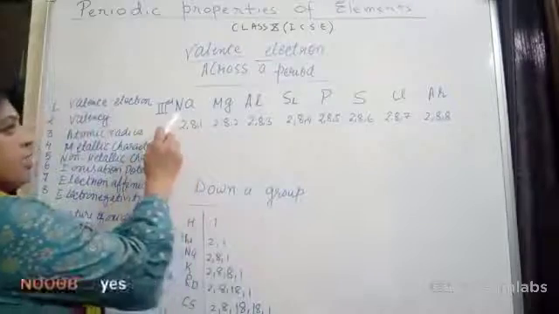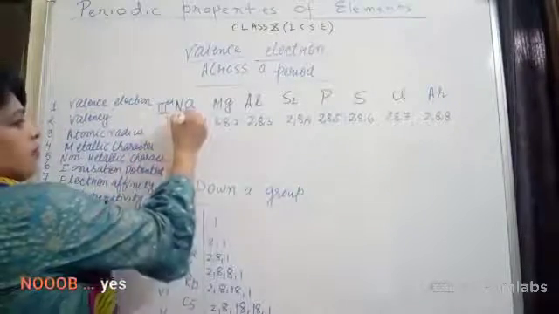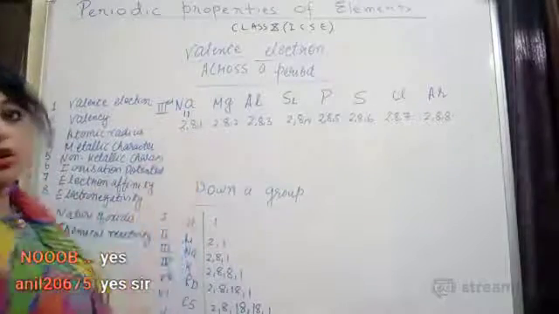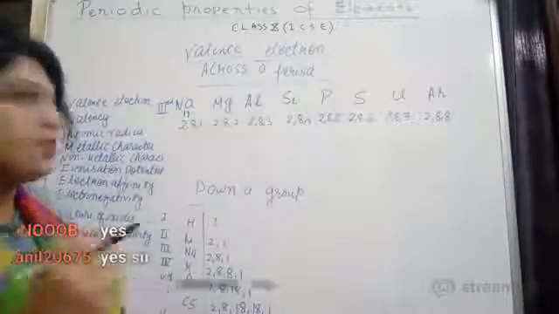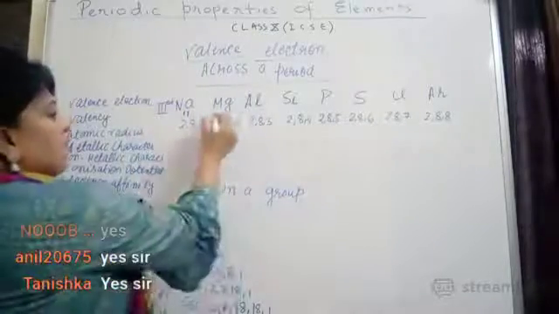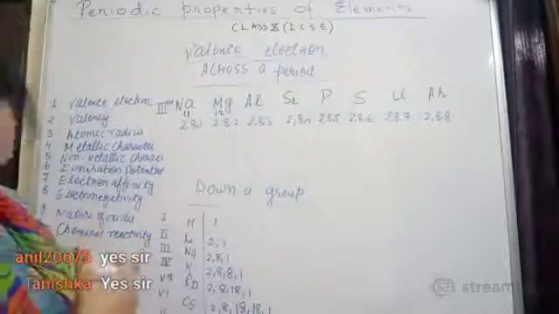You can see the atomic number of sodium is 11, so the electronic configuration will be 2,8,1. For magnesium, the atomic number is 12, so the electronic configuration is 2,8,2.